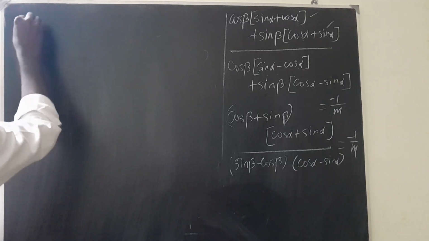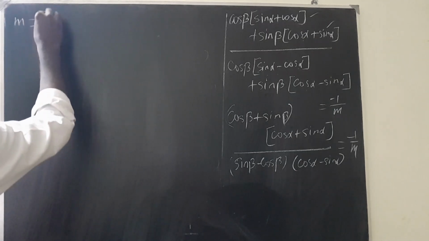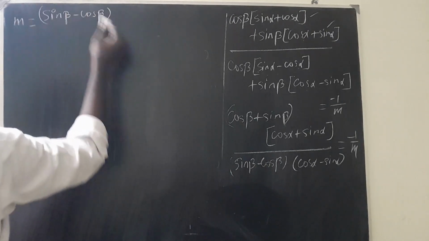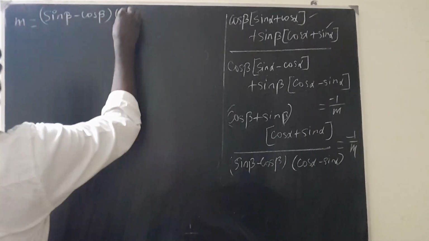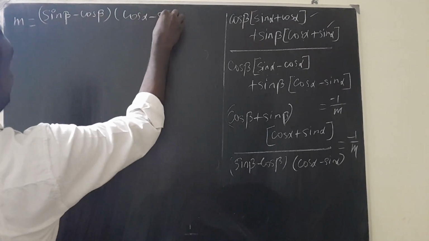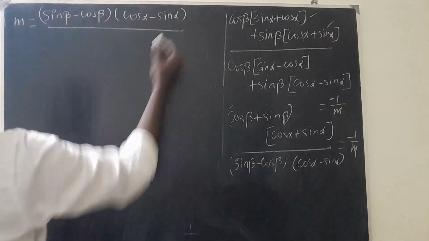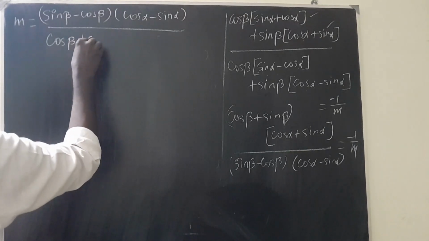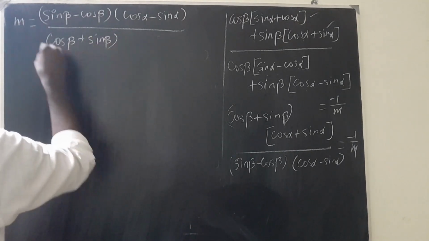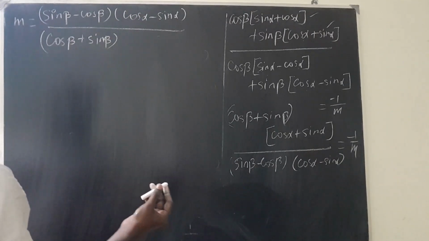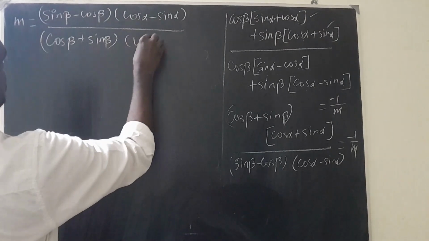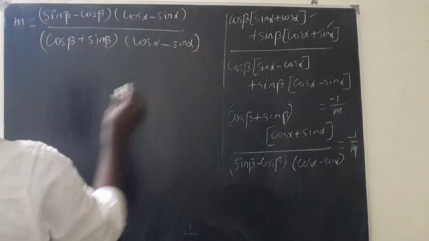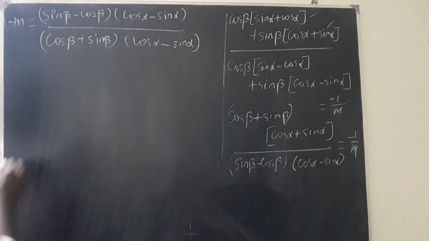So the value of m is given by sin beta minus cos beta into cos alpha minus sin alpha, divided by cos beta plus sin beta into cos alpha minus sin alpha. They actually have minus m. Okay.